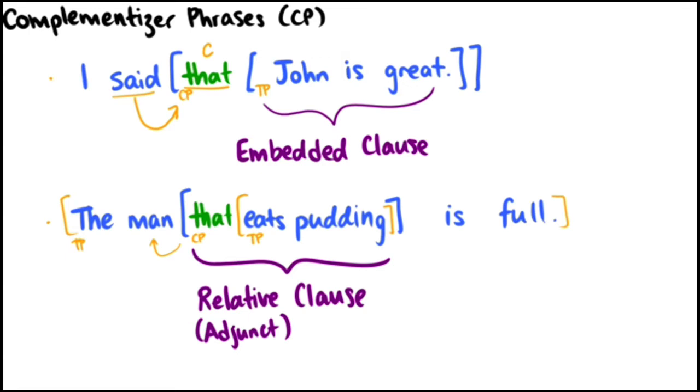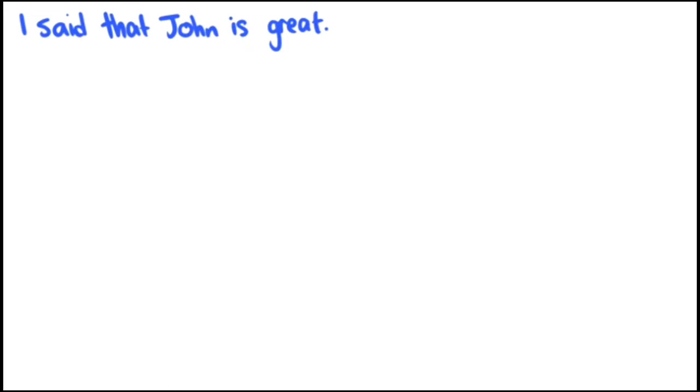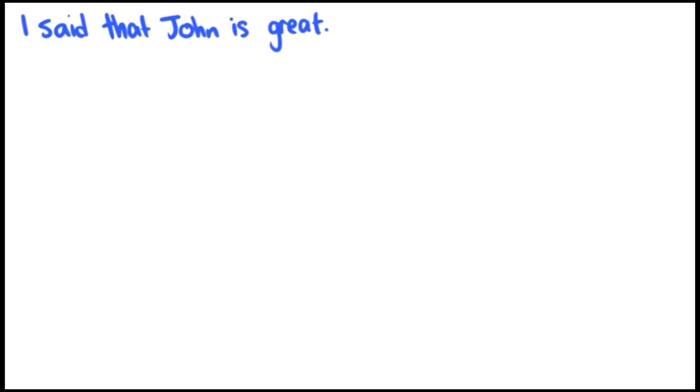Let's draw one of these just to illustrate. I said that John is great. We can start at the top, and I will abbreviate the phrases as PP from now on.